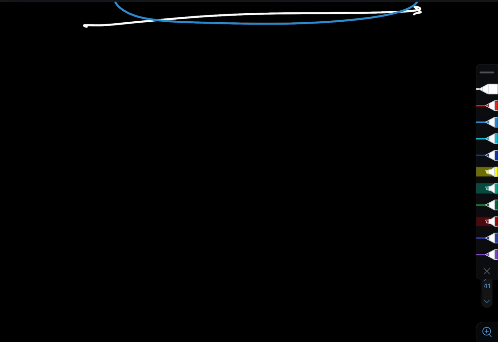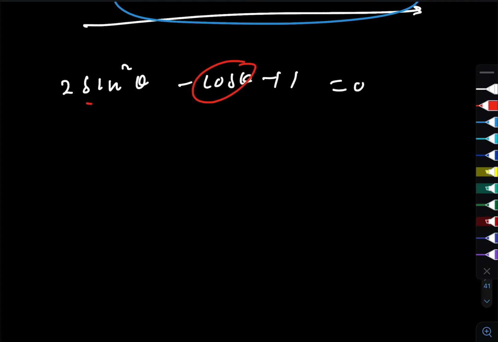Let's take another example. How can you find the general solution of 2 sine squared theta minus cosine theta plus 1? Now, this one looks like the one that we've just done. All you need to do is figure out that my middle term here is a cosine, and my quadratic here is a sine. So you need to change that quadratic into 1 minus cosine squared theta.